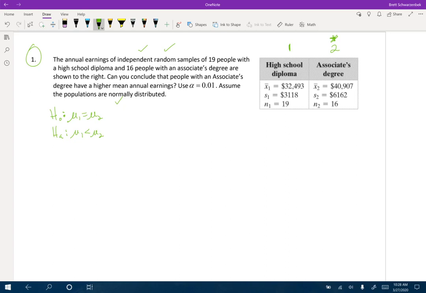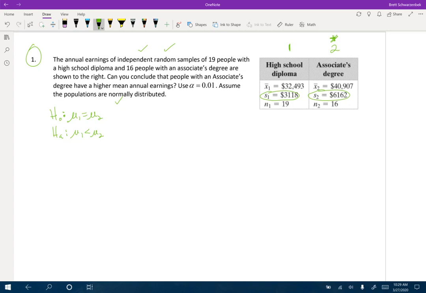Okay, so one of the things to note here is on an exam situation, you might not necessarily be told whether it's pooled or non-pooled. If you look at the standard deviations here and here, you can see that these are not even in the same ballpark. One is actually almost double the other one.